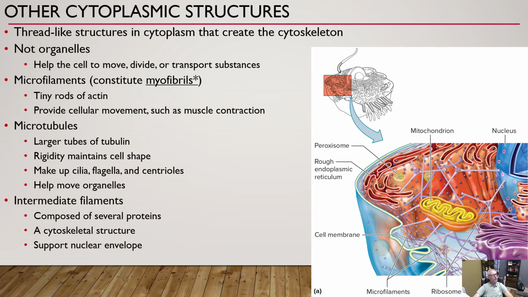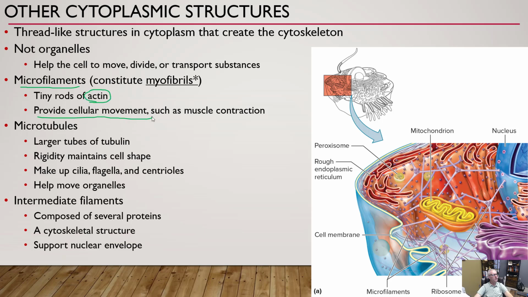All right, other cytoplasmic structures are not really organelles, but they help the cell to move or to divide or to transport substances. We have microfilaments. Microfilaments are basically tiny rods of the molecule actin.